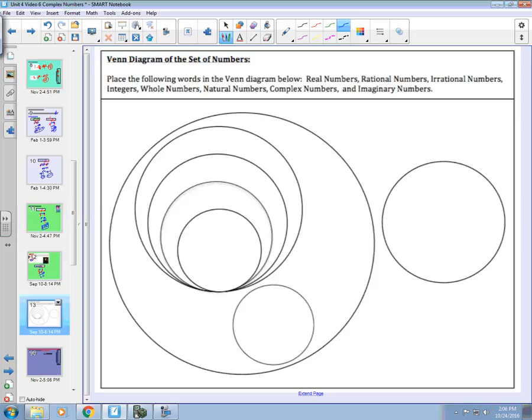Okay, so how do imaginary numbers work in with all this other stuff we've talked about? Well, we've talked about real numbers. Those are basically the numbers you worked with up until this year. And there are two types that we looked at. There are rational numbers, and there are irrational numbers.